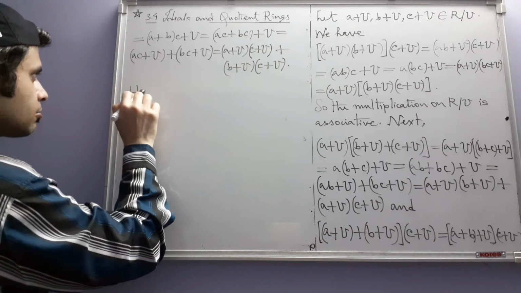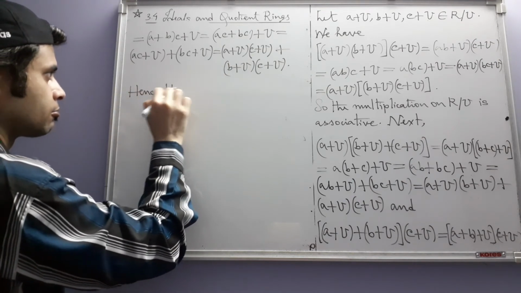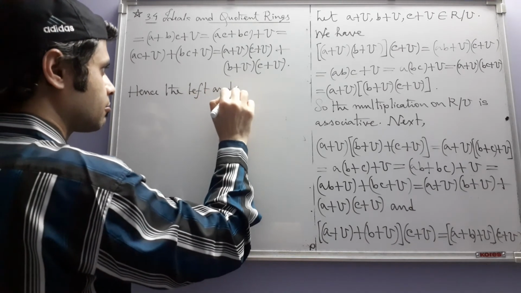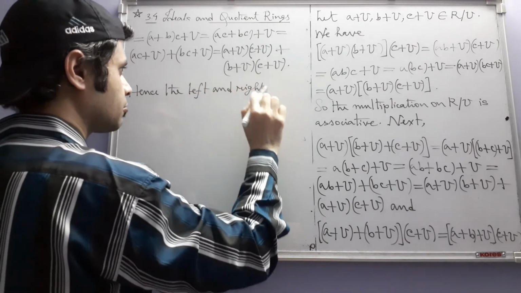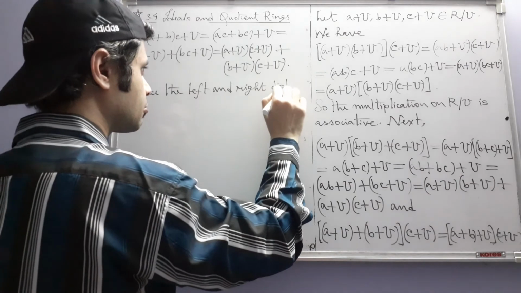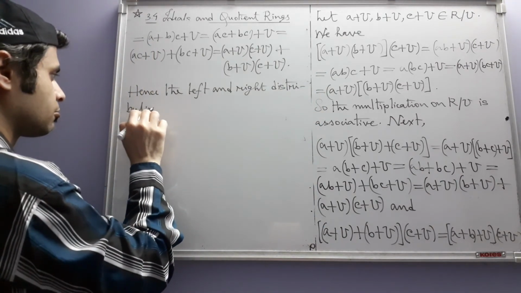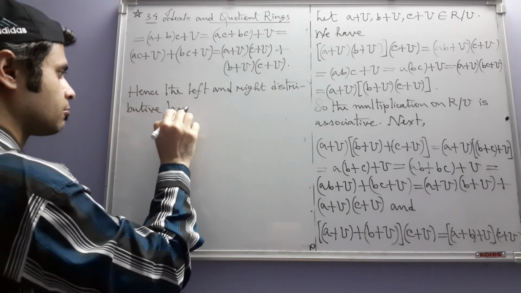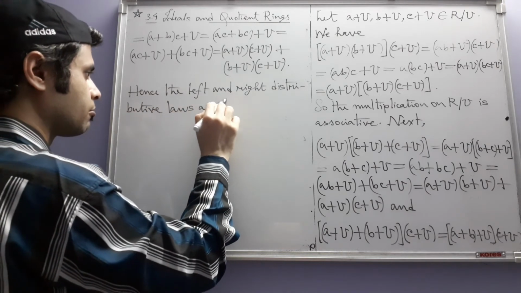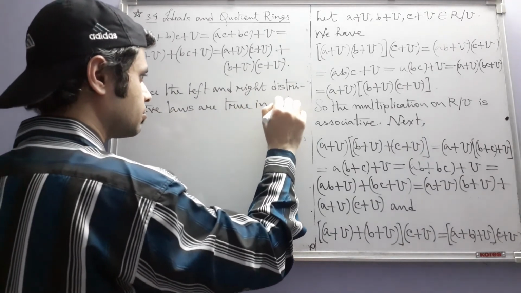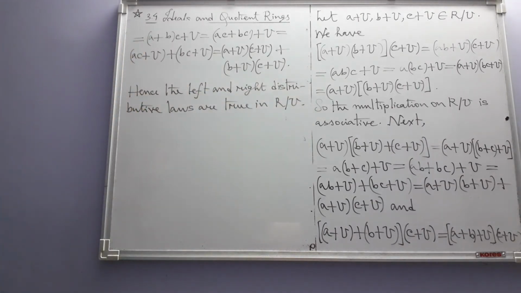Hence, the left and right distributive laws are true in R by U. So R by U is a ring.